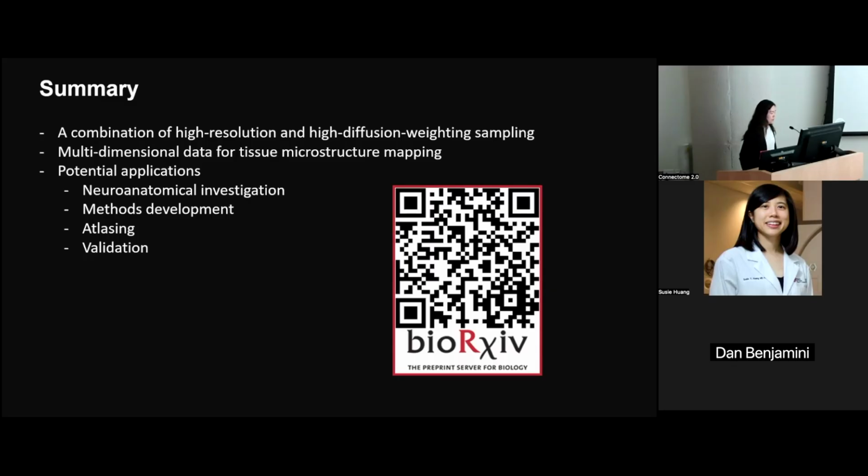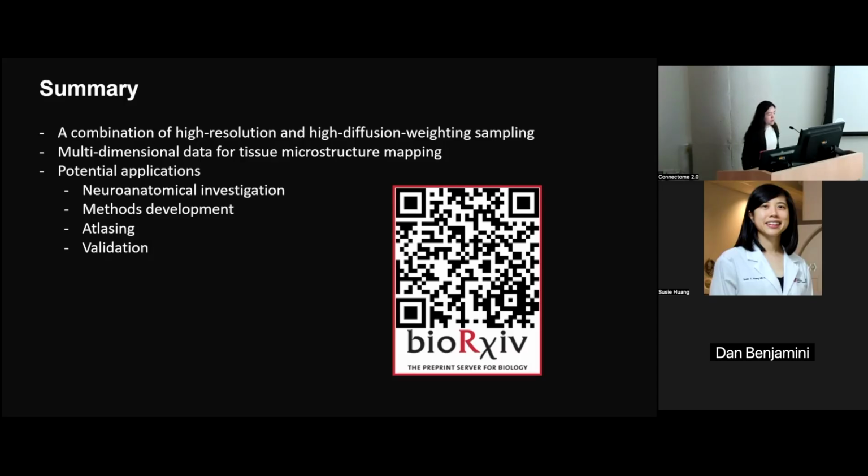Like we've demonstrated, it can be used for cross-species neuroanatomical investigation, and with the multiple resolution, multiple dimension data, it can also be used for methods development, such as super resolution modeling. We can also build templates or atlases using this data set, which can be helpful for clinical studies.